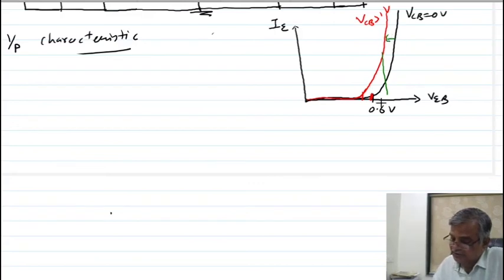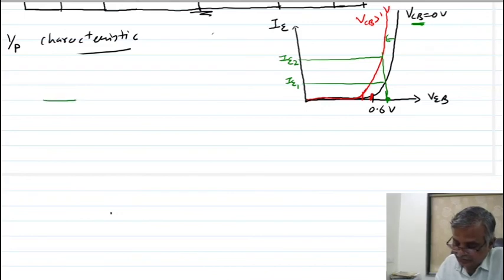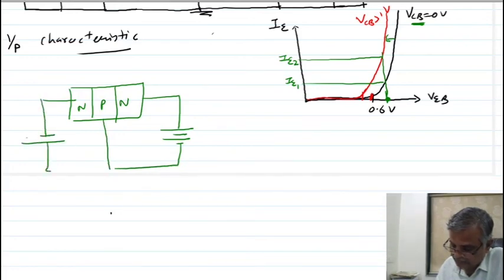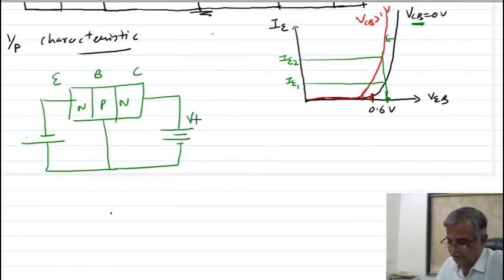Look here, at this value of the voltage, as you increase the collector base voltage from 0 to 1 volt, 2 volt. Look here, this is your NPN transistor, this is your reverse bias, this is your forward bias, this is your emitter, this is your base, this is your collector.